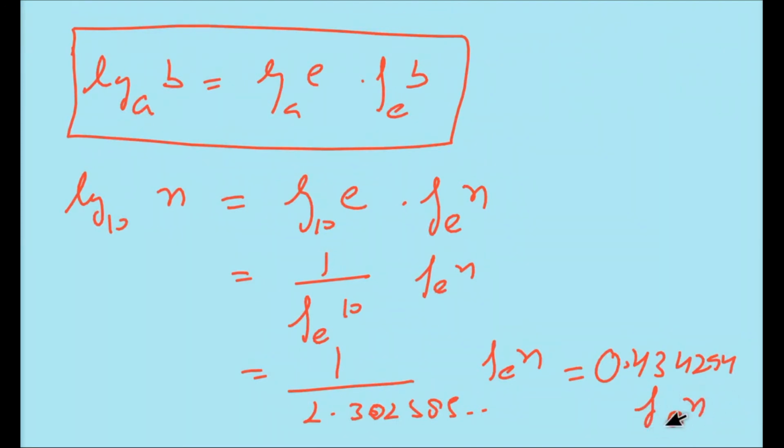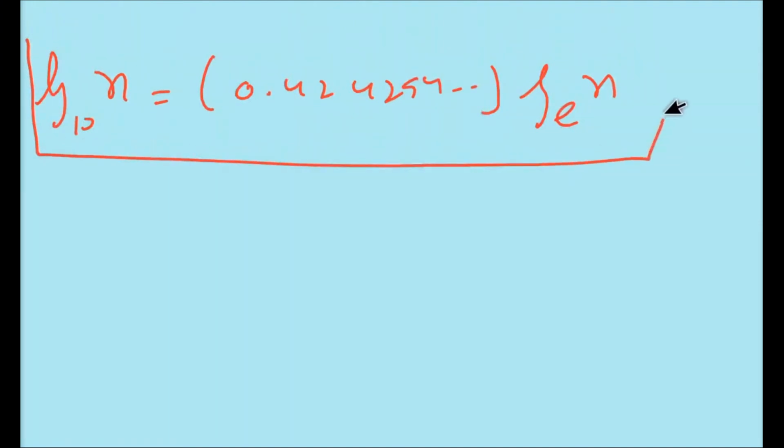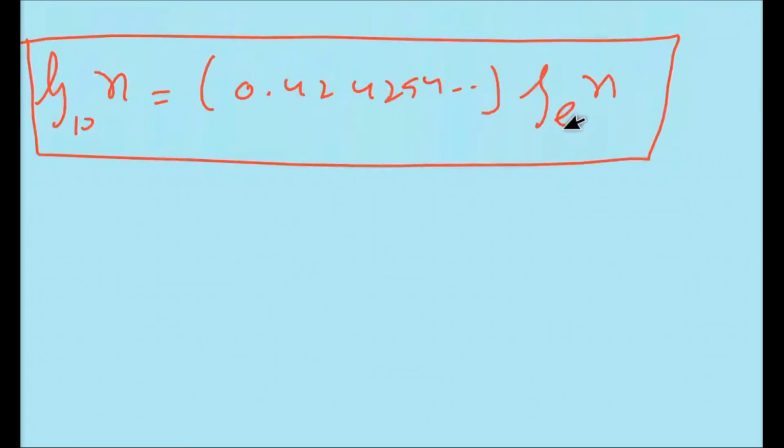So the value of log e base n we multiply by this, and we get the value of log 10 base n. So the formula we got is log 10 base n equals 0.434294 multiplied by log e base n. Now if we remember this formula, we can find the value of log 10 base from log e base.